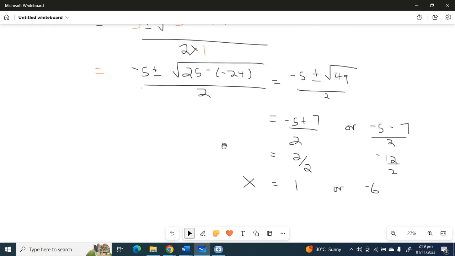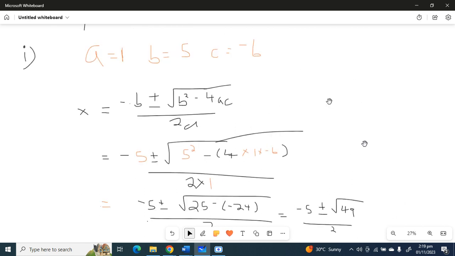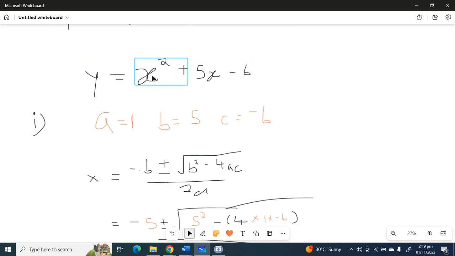In your spare time, you can check by substituting x equals 1 into this equation. 1 squared is 1, plus 5 times 1, that is 5, so 1 plus 5 is 6, and 6 minus 6 is 0.